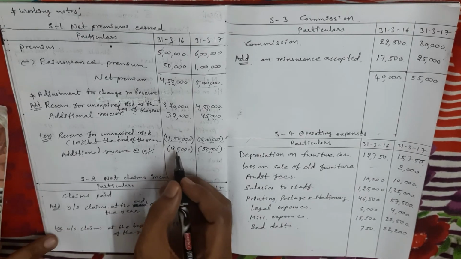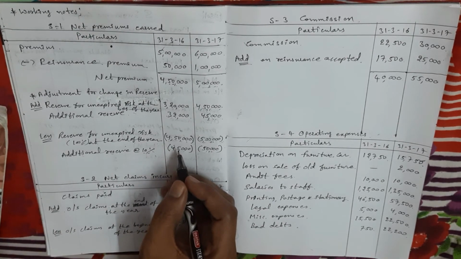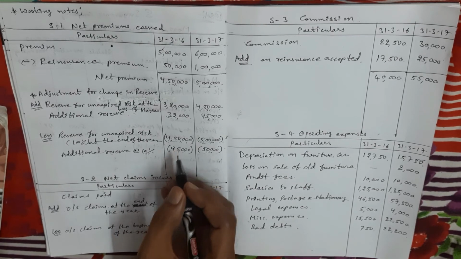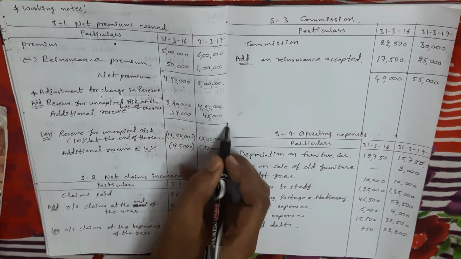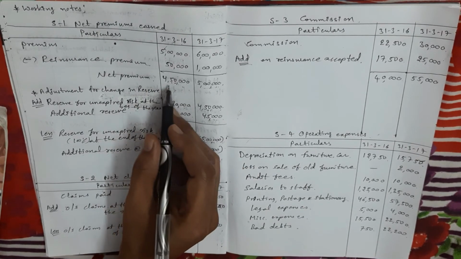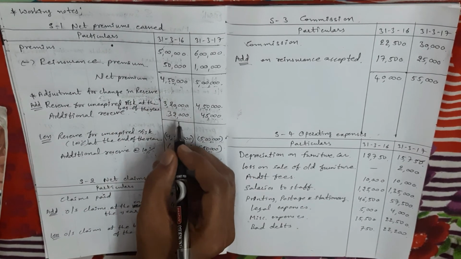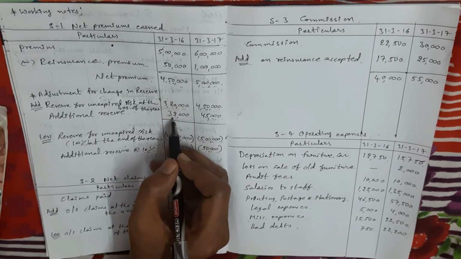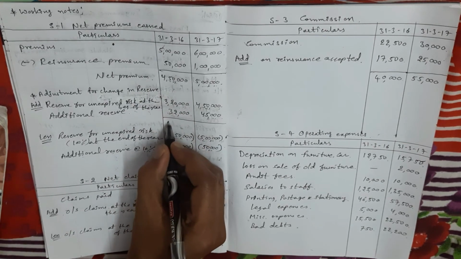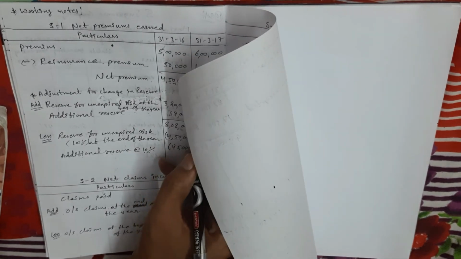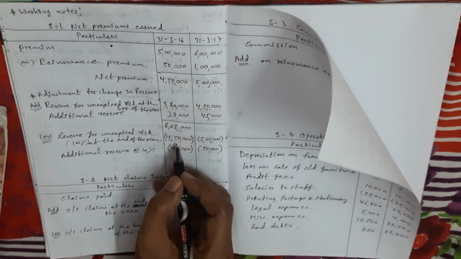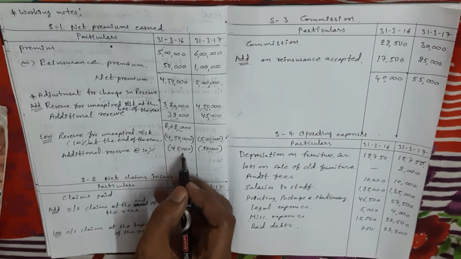First, schedule number 1. Add the opening reserves to the net premium amounts. 4,50,000 plus 3,20,000 plus 32,000, 8 lakhs 2,000. Next minus 4,50,000 minus 45,000.